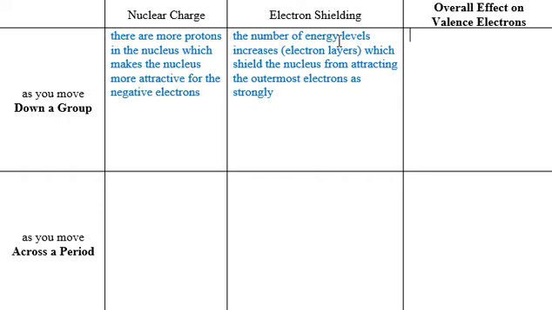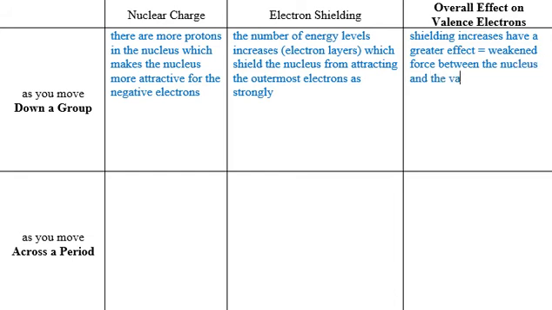The one that has the greater effect is the shielding. Shielding increases and has a greater effect. What this means is we have a weakened nuclear force, a weakened force between the nucleus and the valence electrons.